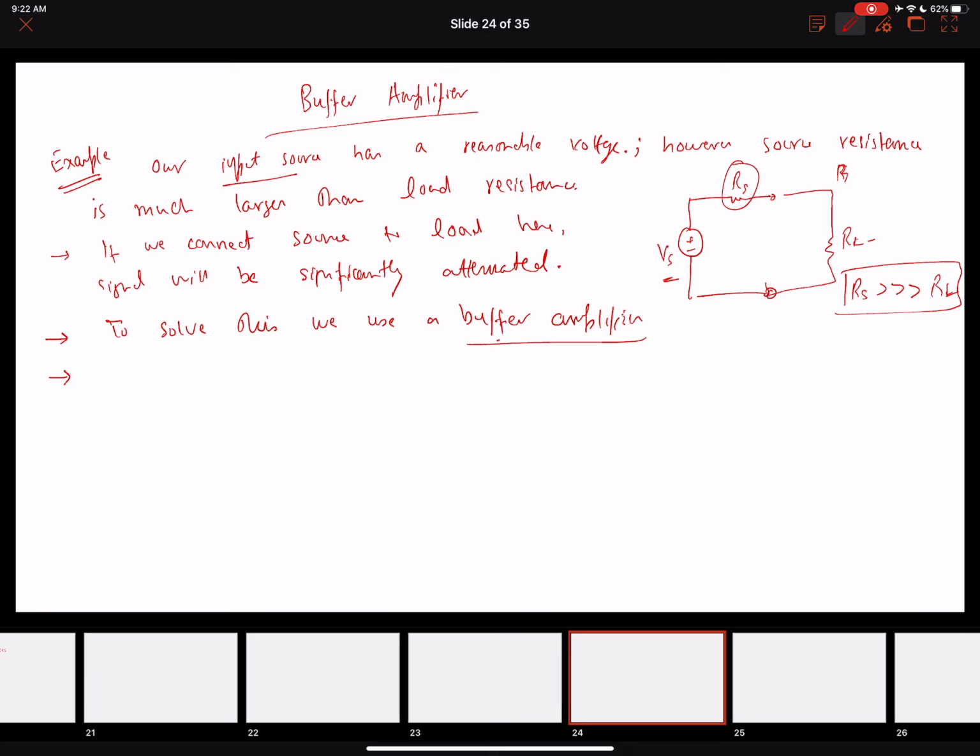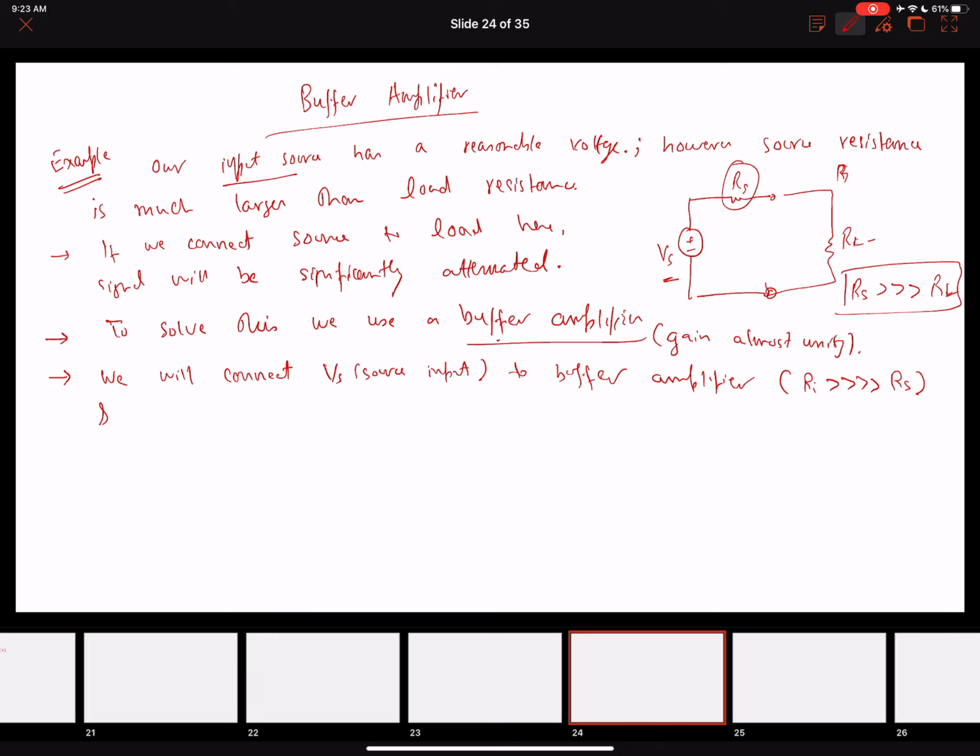So buffer amplifier, gain almost unity. So what will happen is, now we will connect the input source Vs to the buffer amplifier. The buffer amplifier's input resistance is significantly larger than the source resistance, so we will not have a potential drop.